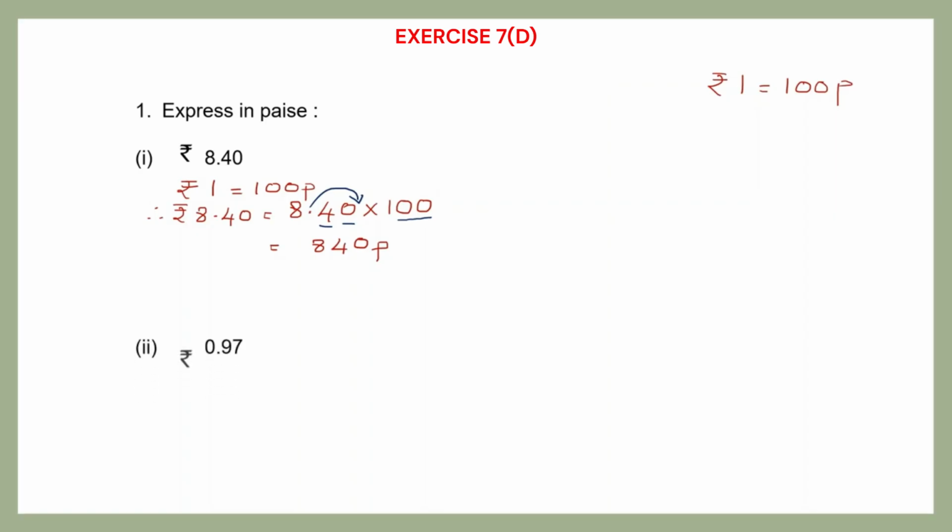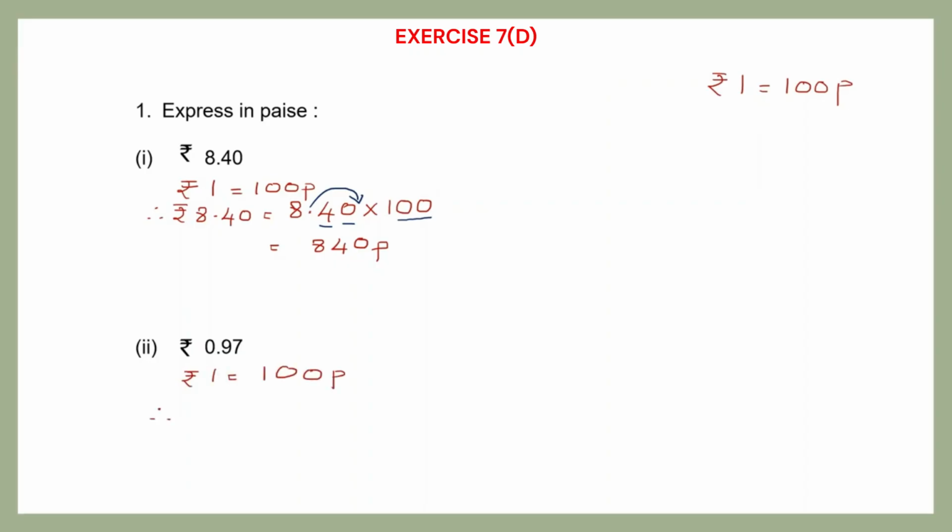Question 2. We have rupee 97. That is we have 0 rupees and 97 paise. So after the point, the 2 digits will always represent paise. So 0.97 or rupee 0 and 97 paise. Now we're going to convert this into paise. So let's start by saying in 1 rupee we have 100 paise.